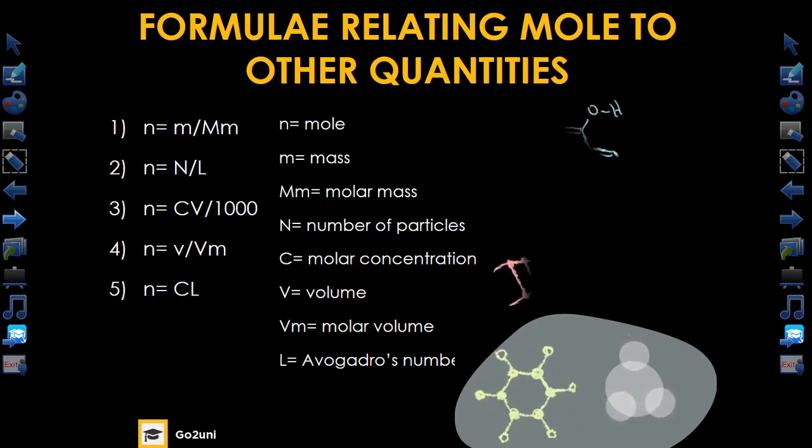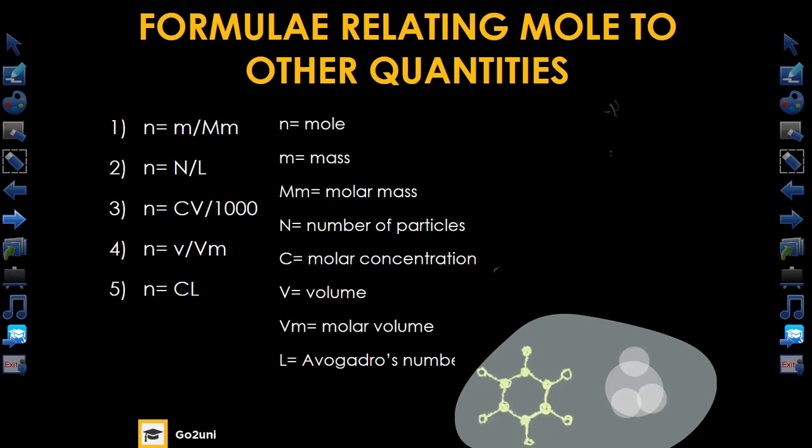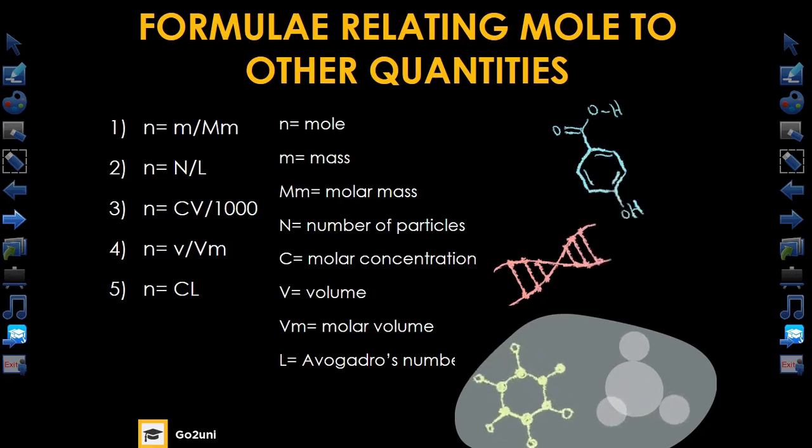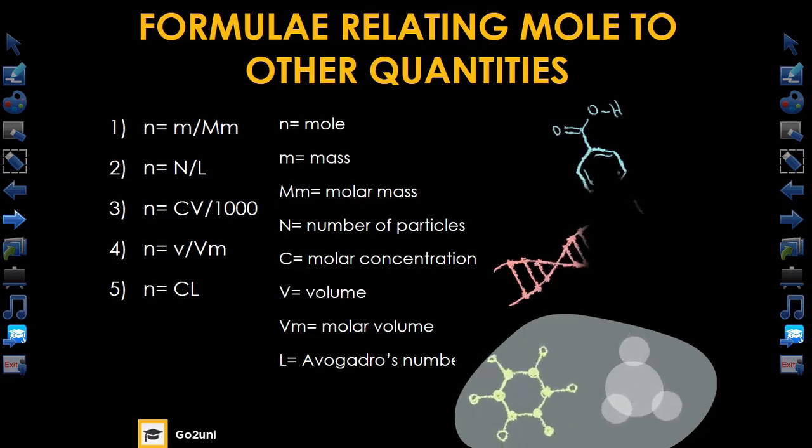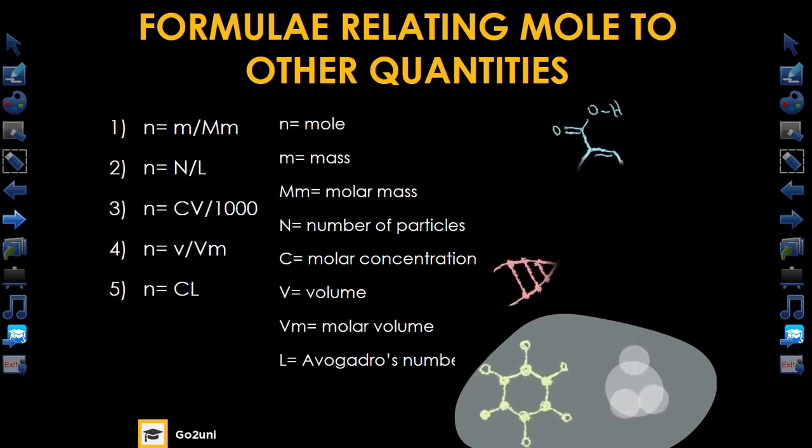So we have the relationship between mole, mass and molar mass as n equals m over Mm. That is to say, mole, small letter n, equals mass over molar mass. n is also equal to number of particles over Avogadro's number. n is also equal to concentration times volume over 1000, I beg your pardon. n is equal to volume over molar volume, and n is equal to concentration times Avogadro's number.